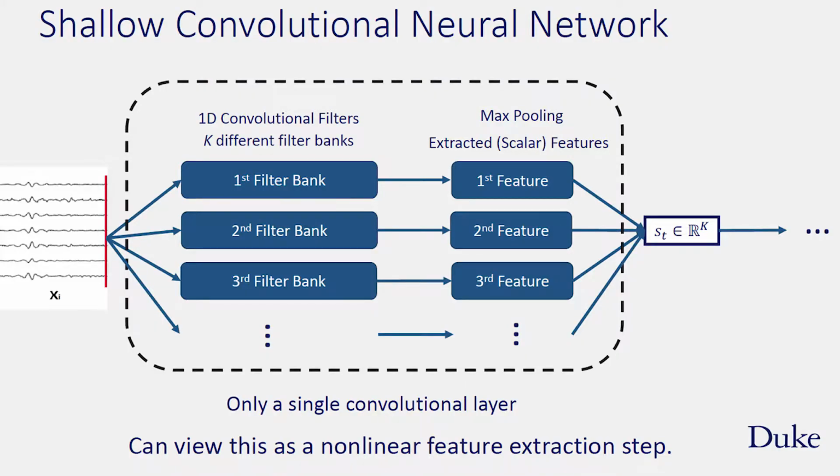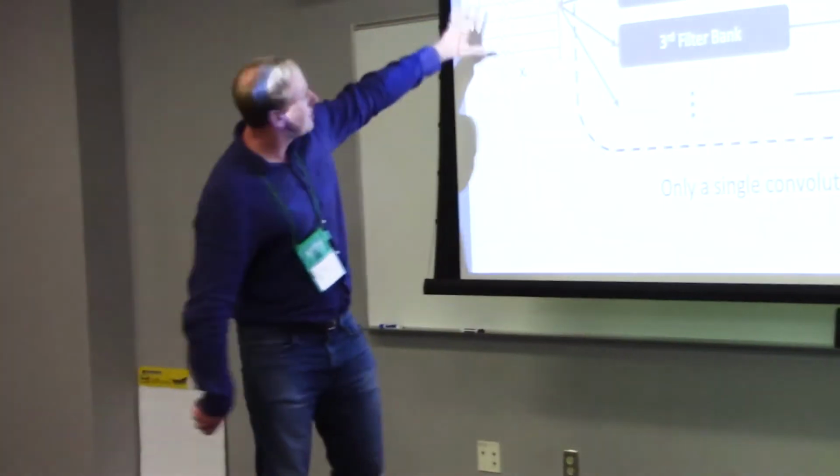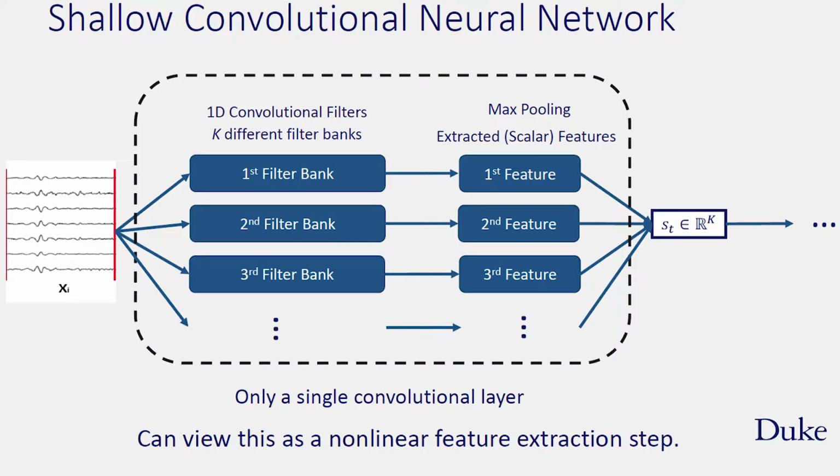The big thing about this is it's the shallowest type of convolutional neural network you could possibly use, where there is only one convolutional layer. We're only going to use one convolutional layer. We take our input EEG data and send it to our first filter bank, and we'll talk about exactly what it's doing.